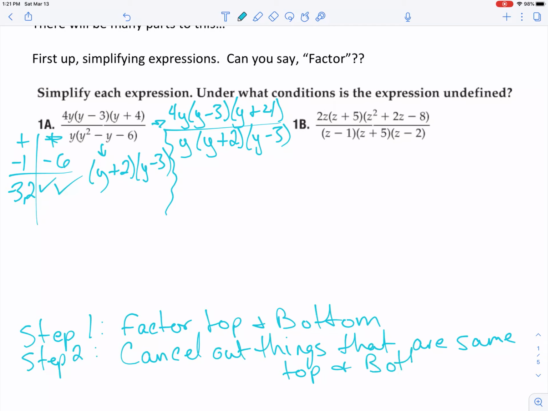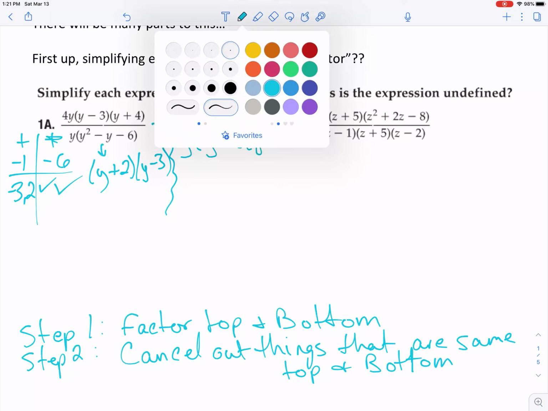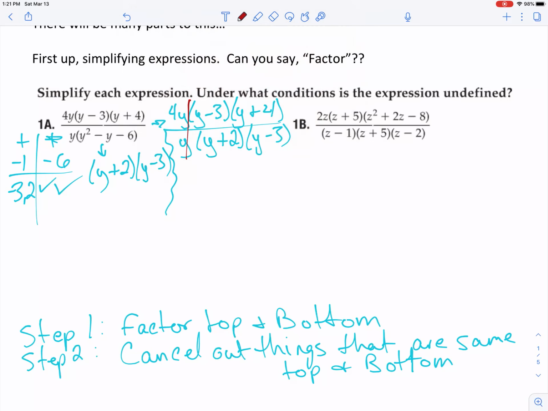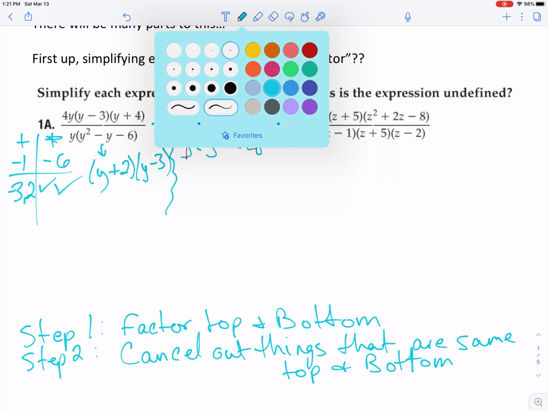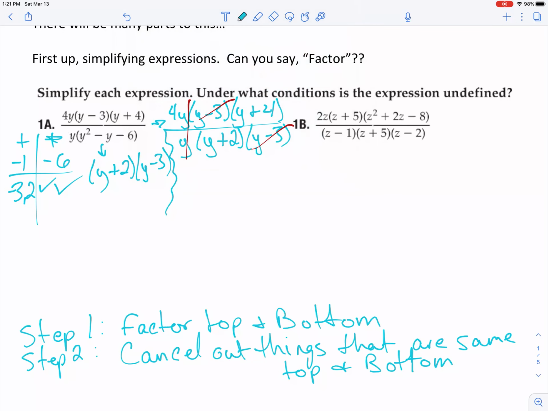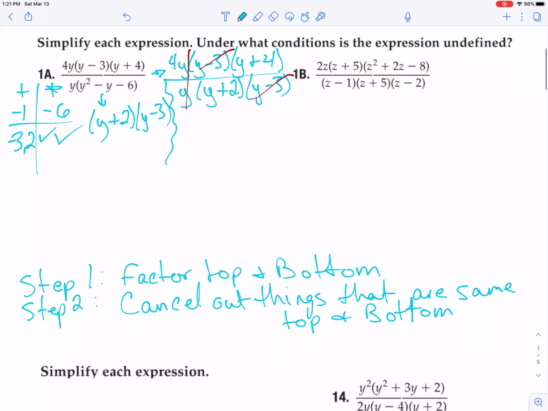Hint, hint. So on this example that I'm looking at, I can see that my y's will cancel, as will the y minus 3. Looks like that can cancel. Okay, so step 4 is to write the final answer with the stuff that's left over.